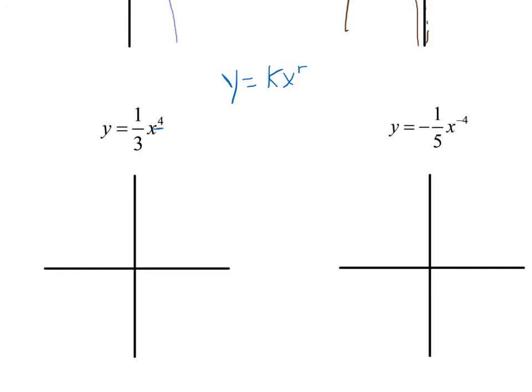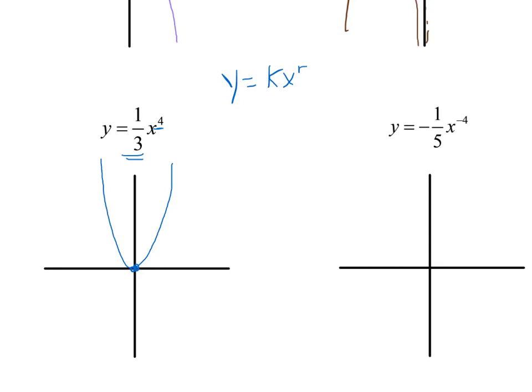Power is positive, so it goes through 0, 0. Power is even, so the branches are going to be next to each other, not kitty corner, but next to each other. And the coefficient is positive, so we're going to be in quadrant 1, opening up, and quadrant 2.